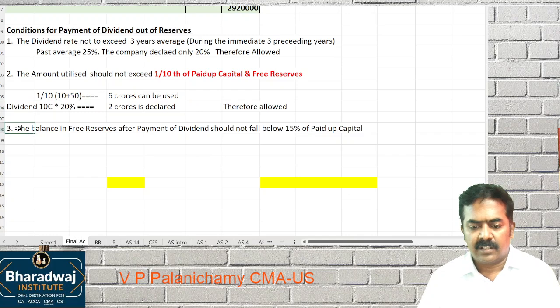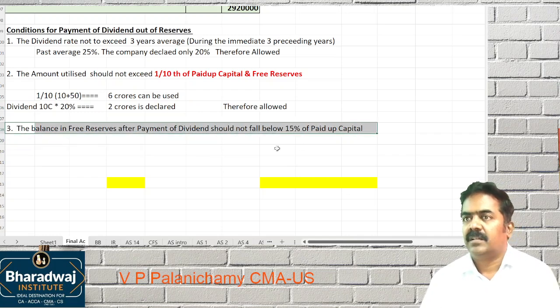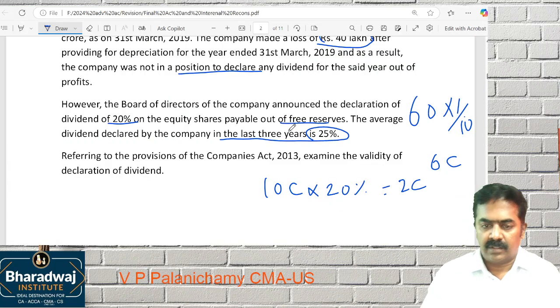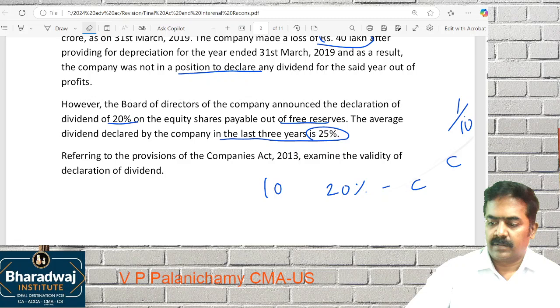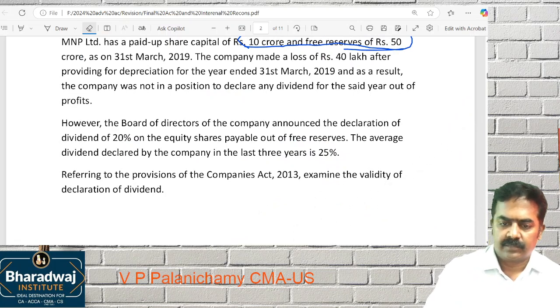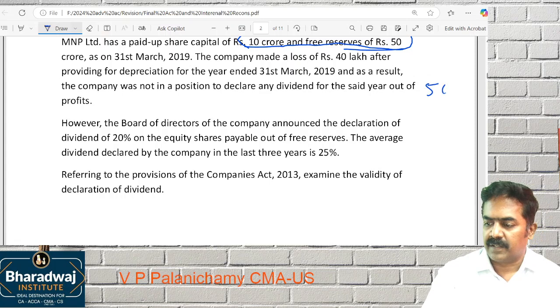Wait. The balance in free reserves after the payment of dividend should not fall below what? 15% of paid up capital. Listen, pay attention. What is the free reserves balance given? 50 crores is given.